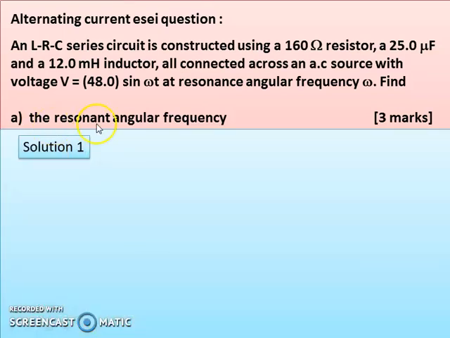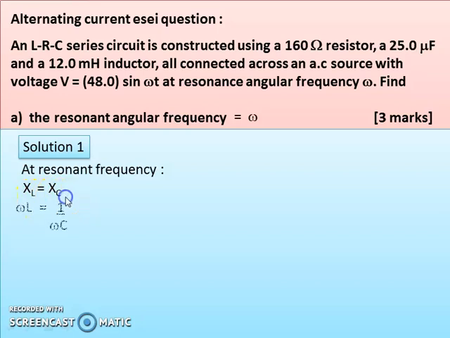Question A. The resonant angular frequency, omega. At resonant frequency, XL equals XC, reactance of inductance equals reactance of capacitance. XL equals omega L and XC equals 1 per omega C. Cross multiply omega times omega, we get omega squared equals 1 per LC.